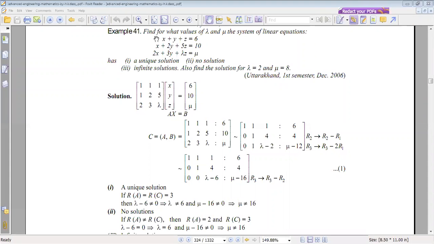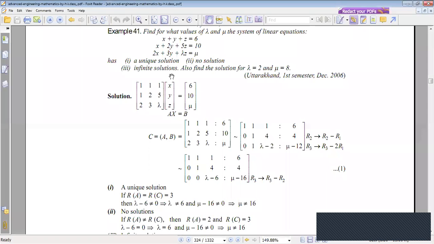See here, find for what values of lambda and mu the system of linear equations x plus y plus z equal to 6, and x plus twice y plus 5z equal to 10, and twice x plus 3y plus lambda z equal to mu, has a unique solution, has no solution, has infinite solutions.